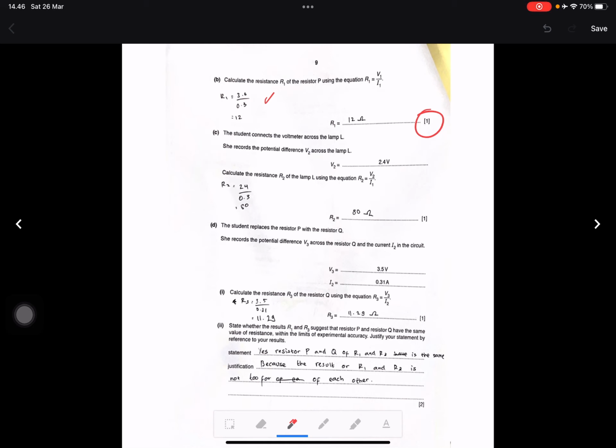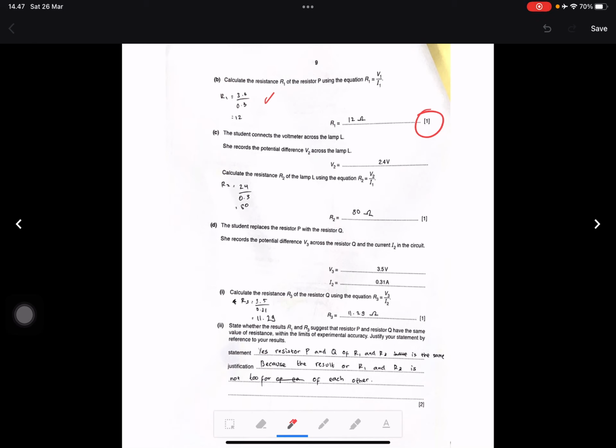The student connects the voltmeter across the lamp. She records the potential difference V2 across the lamp, 2.4 volt. Calculate the resistance R2 of the lamp using the equation R2 equals V2 divided by I1.